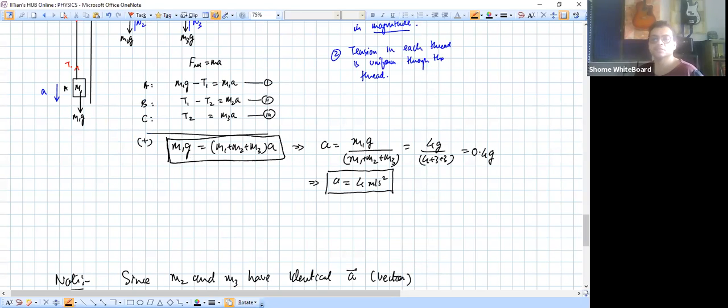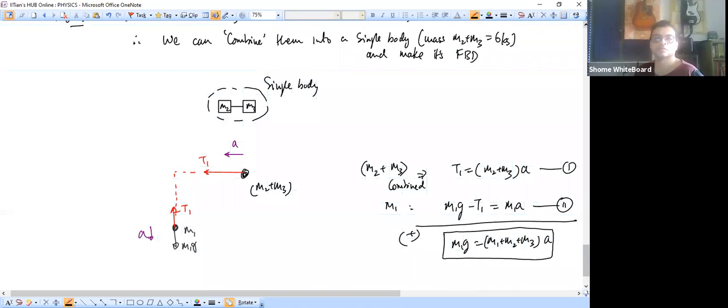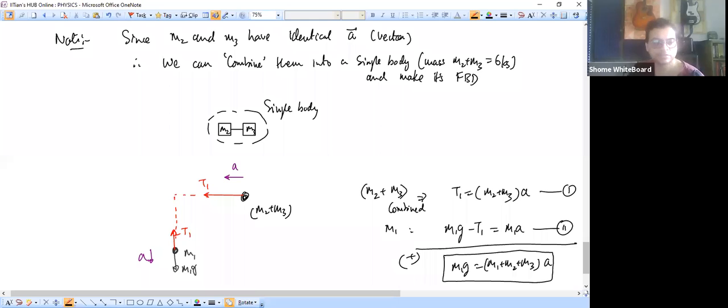This equation is the same as this one. So that is the application of your shortcut trick. Once you are practiced with the fundamentals properly, this kind of shortcut trick will help you at the exam level a lot.